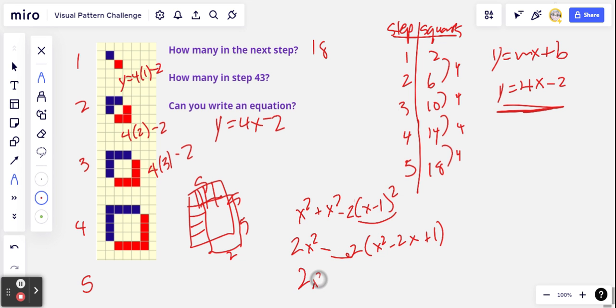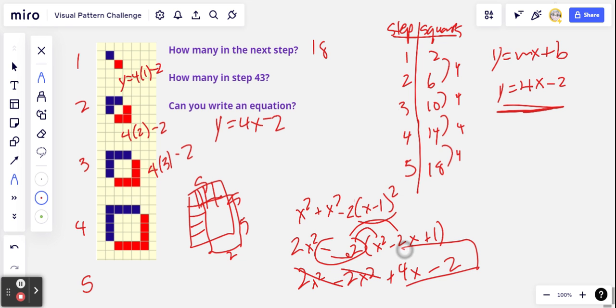So I've got 2x squared, and then it's going to be minus 2x squared, right? So -2 times x squared, right? Now -2 times -2x would be a positive 4x, and -2 times a positive 1 would be a -2. And would you look at this? We have 2x squared minus 2x squared. That's 0. And what we're left with is 4x minus 2. I find that pleasing when you interpret a pattern in a couple of different ways and the equations come out to be the same. That's very satisfying.